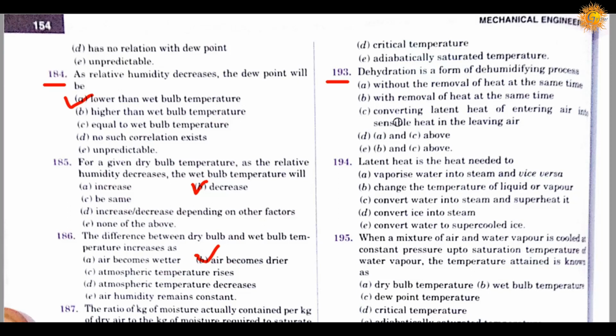Option C, converting latent heat of entering air into sensible heat in the leaving air. Option D, A and C above. Option E, B and C above. So correct answer is D, B and C. It means with removal of heat at the same time and converting latent heat of entering air into sensible heat in the leaving air.